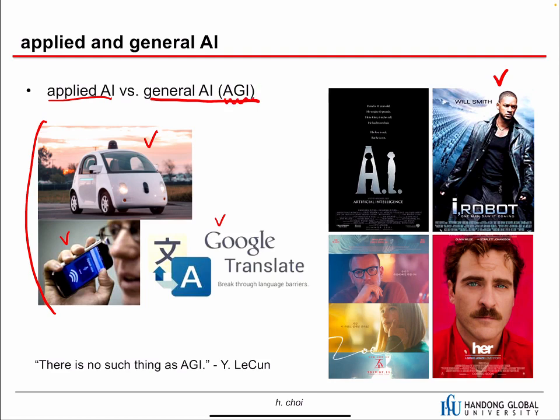For short, it's AGI. But people use strong AI and general AI to indicate the same thing many times, but technically they are different things. And Yann LeCun, who is one of the godfathers of deep learning, said there is no such thing as AGI. And some people might have different opinions about AGI.